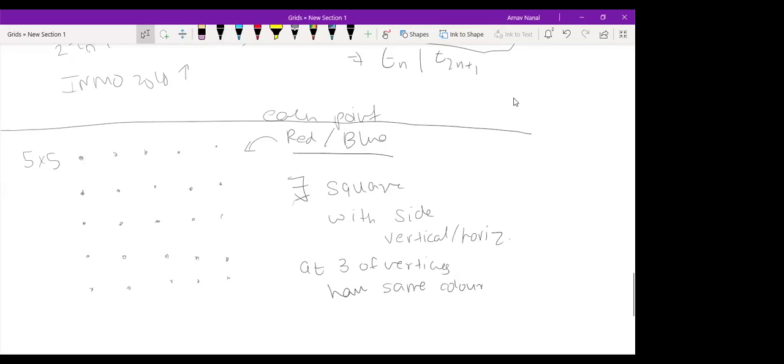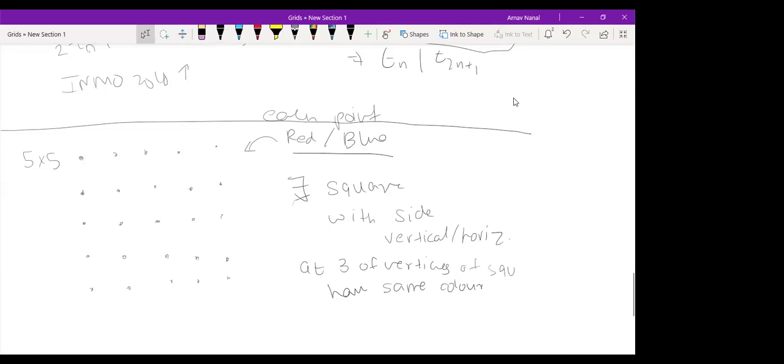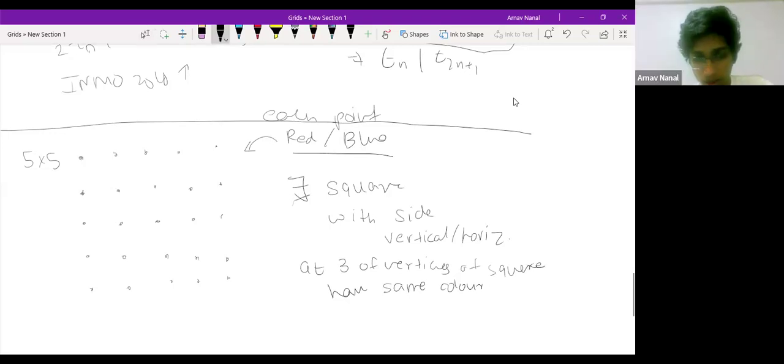They mean vertices of the square. So if any 3 of them are red among the vertices, then that satisfies the condition. I mean that's what you have to prove. So this is to prove.